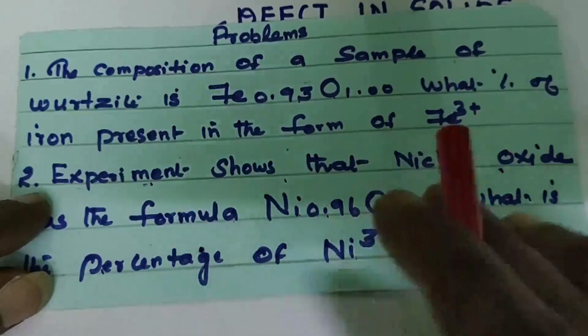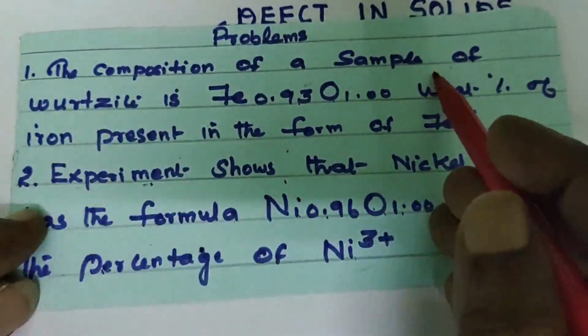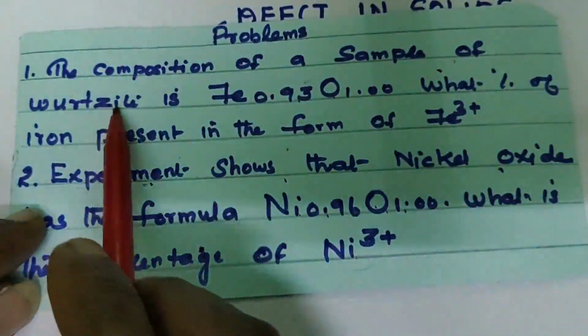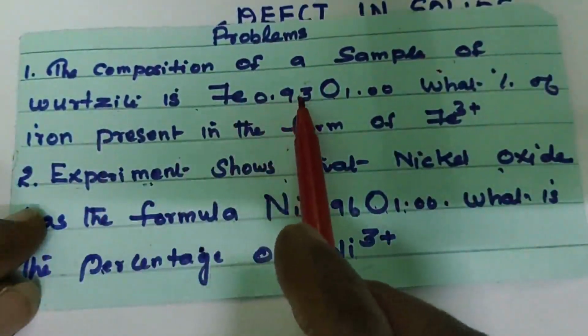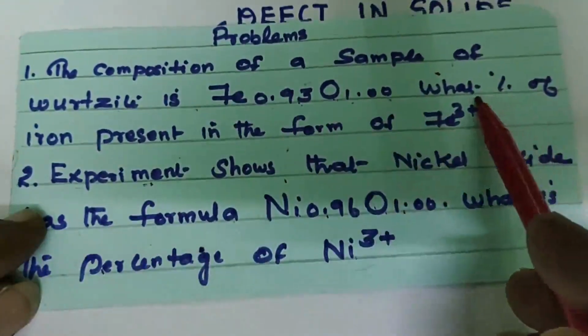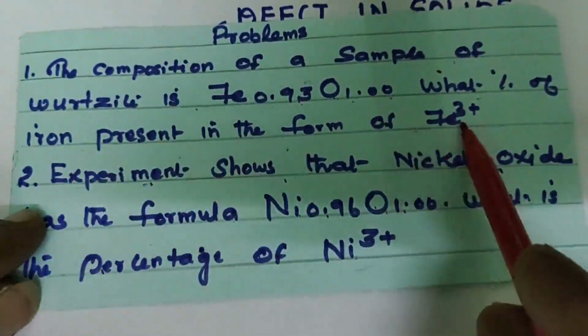Then the first problem: the composition of a sample of wustite is Fe0.93 O1.00. What percentage of iron is present in the form of Fe3+?